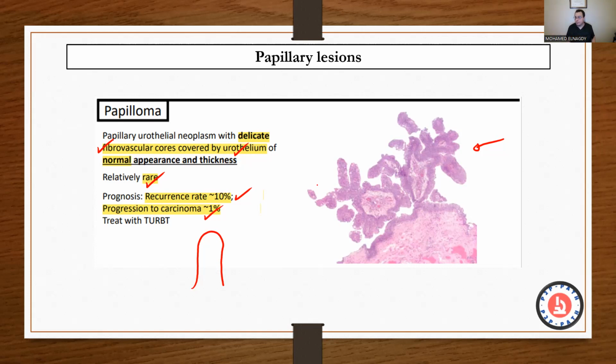No need even to follow up. No, urothelial papilloma has a 10% recurrence rate and 1% progression to carcinoma. So you still need to follow up your patient.